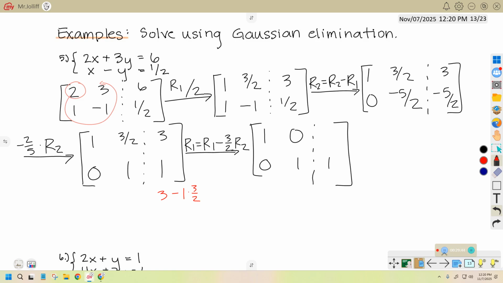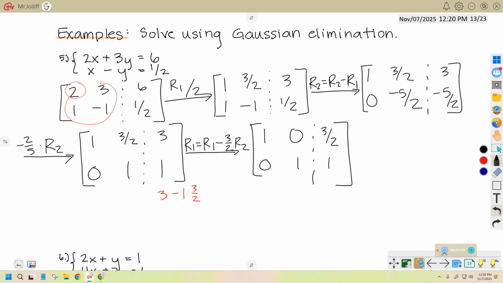So 6/2. 6/2 minus 3/2 would be 3/2. Pretty sure this is just 3/2. Is the coefficient matrix in reduced row echelon form? I see some nodding. This means I'm done.